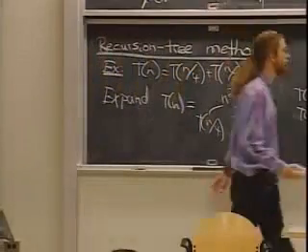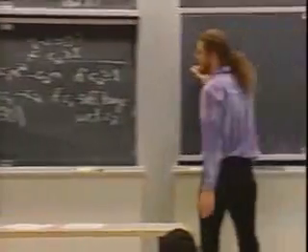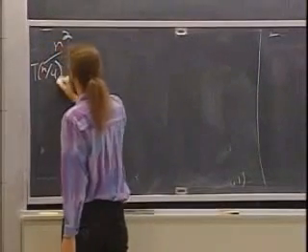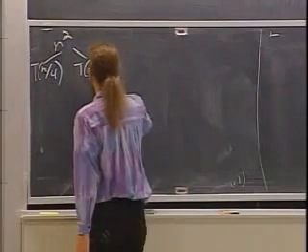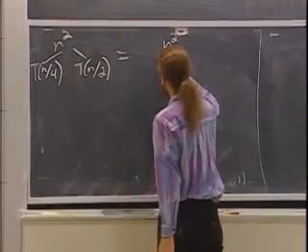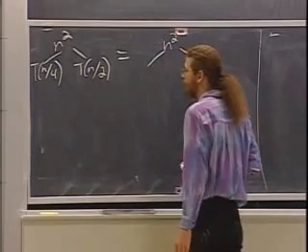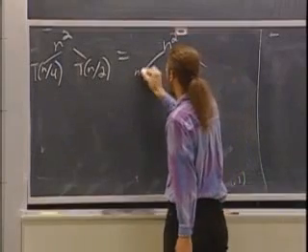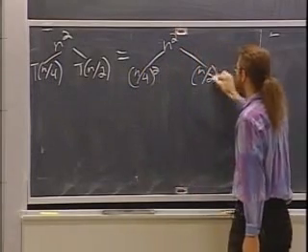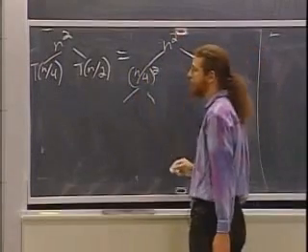So let's go one more step. We have this n squared, T of n over 4, T of n over 2. If we expand one more time, this is going to be n squared plus two things. The first thing is going to be n over 4 squared. The second thing is going to be n over 2 squared, plus their recursive branches.